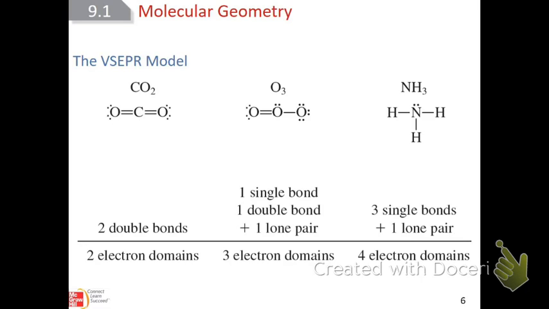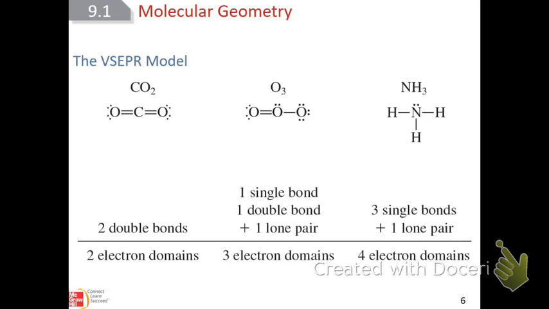So in the case of these first 2, it's going to be more linear. It is going to for sure be linear in carbon dioxide. As far away as they can get from each other in this first one is straight across. All right, that's as far away from each other as they can possibly get.